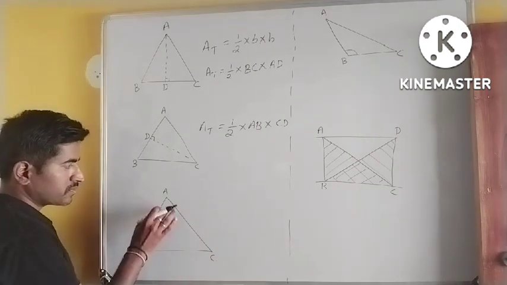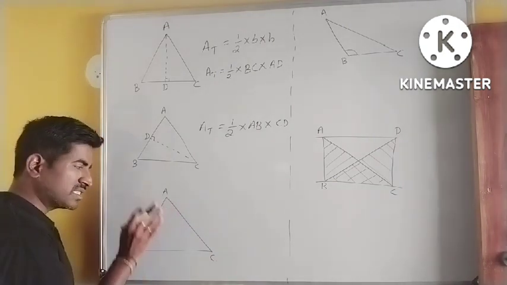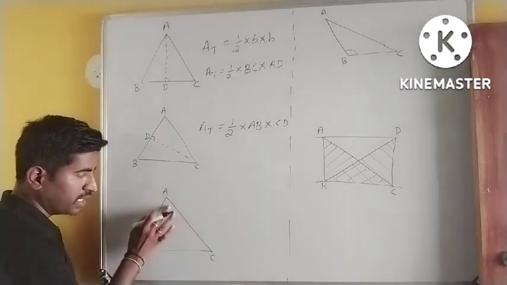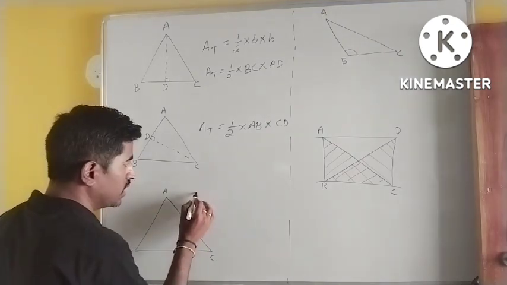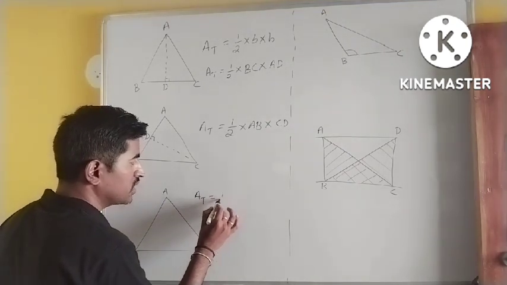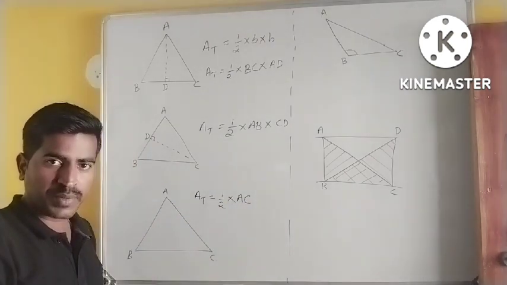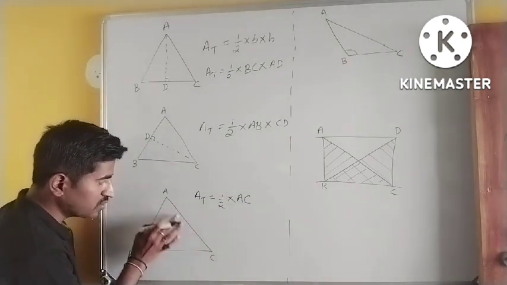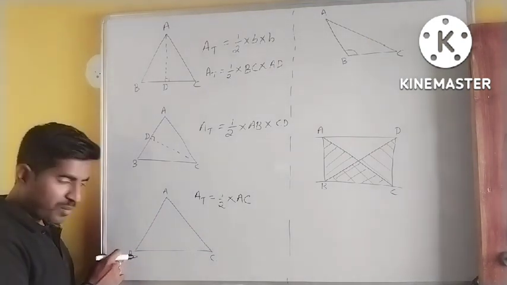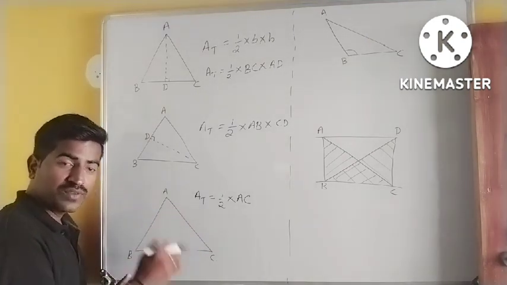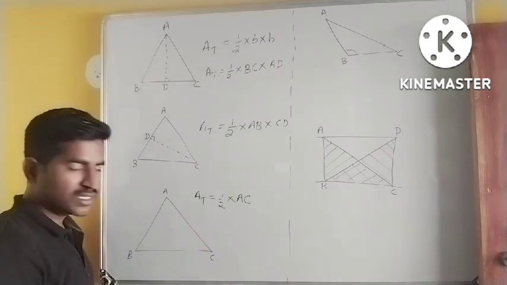In the same way, consider the same triangle, but now I need AC as the base. So half into AC as the base. Then which is the perpendicular? The remaining vertex is B. From here I construct a line perpendicular to the base AC.